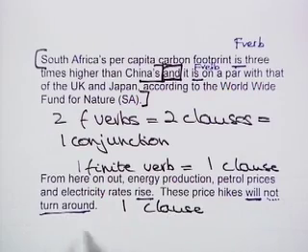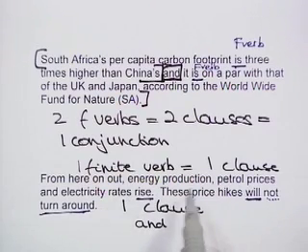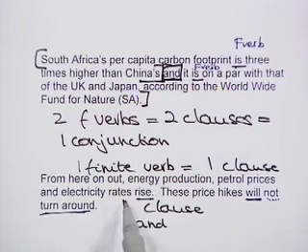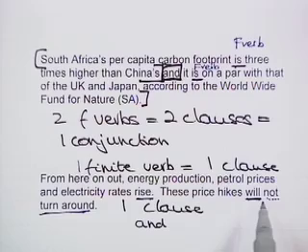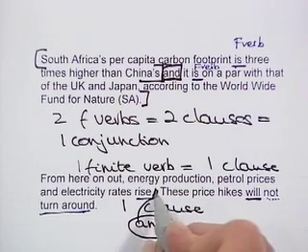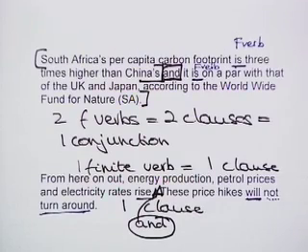If you wanted then to join those 2 to make a compound sentence, how would you do it? You would use something like and. From here on out, energy production, petrol prices, and electricity rates rise, and these price hikes will not turn around. So if you wanted to create a compound sentence, you would use the conjunction and.